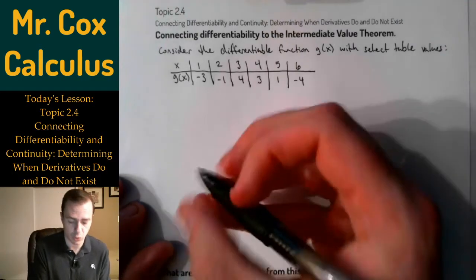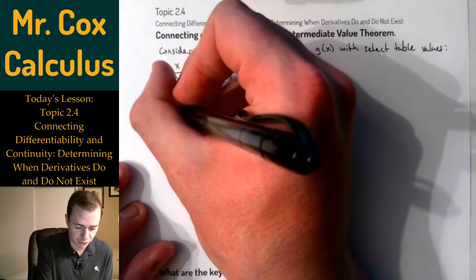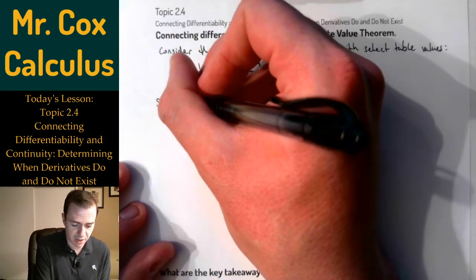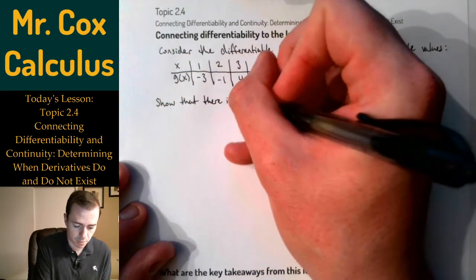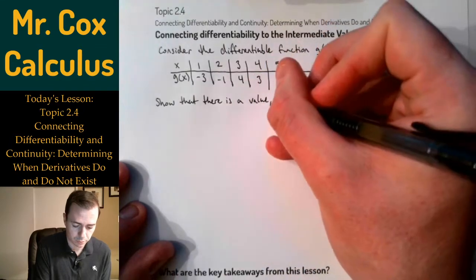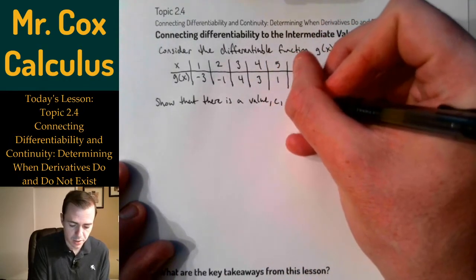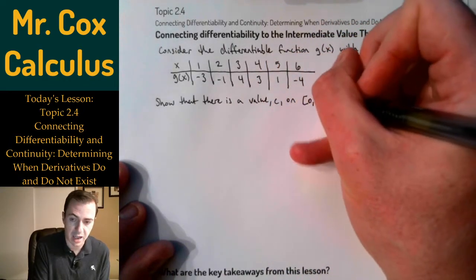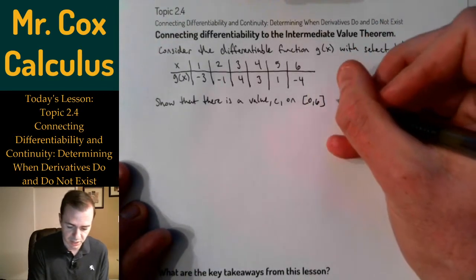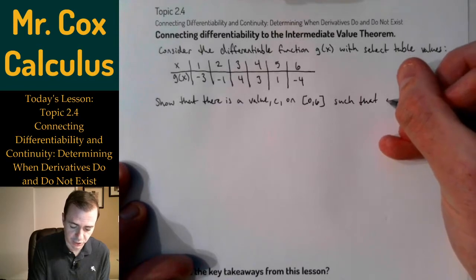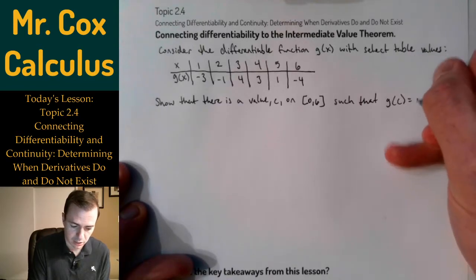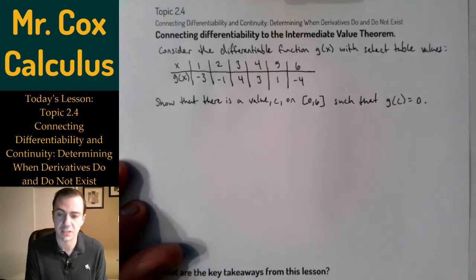And what we're going to be told to show is show that there is a value c on the interval 0 to 6, where we have the table values, such that g of c is equal to 0.